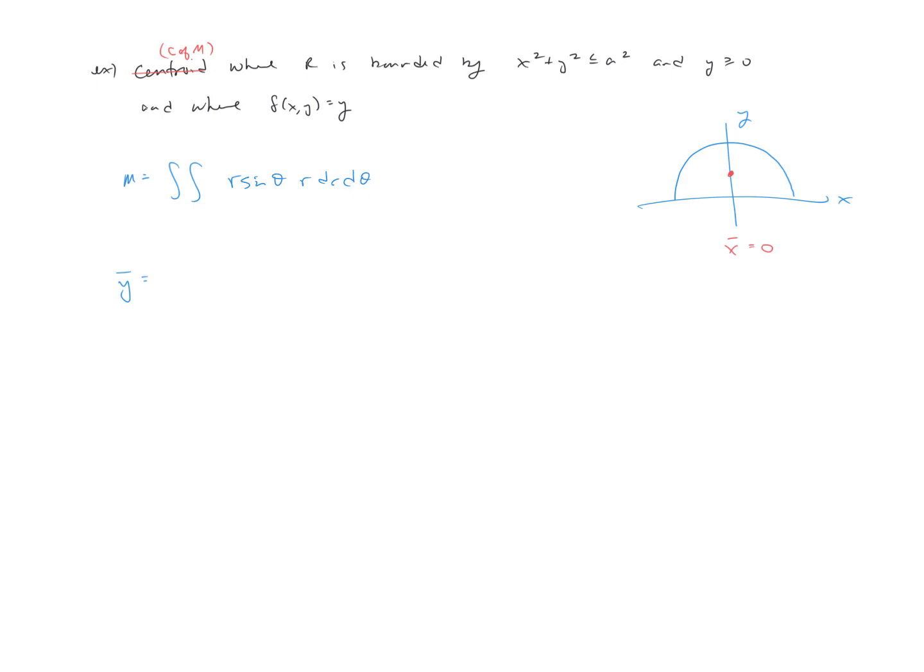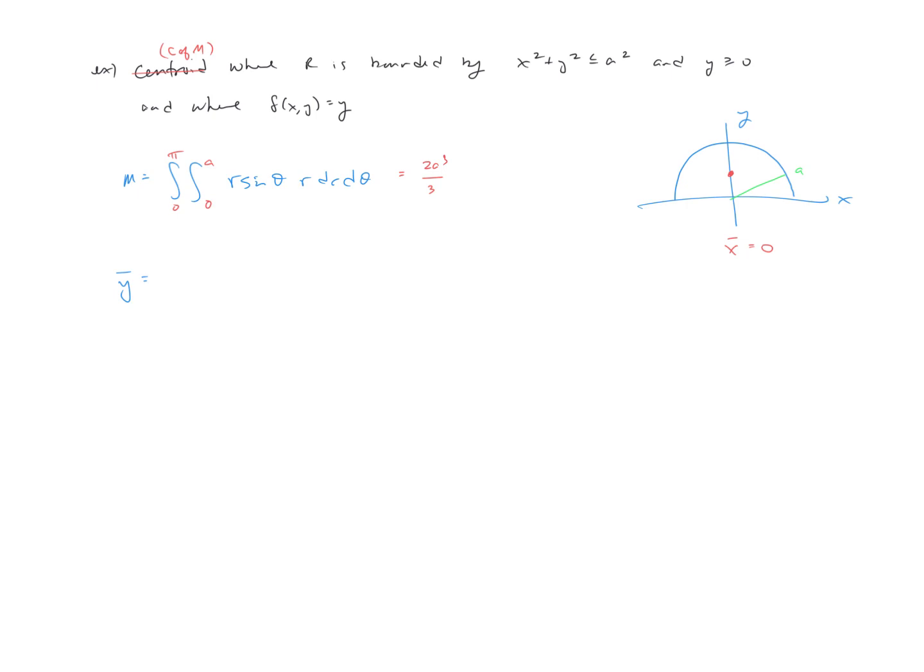And so that keeps our function there pretty easy to integrate, but more importantly, it's really going to help us with these bounds. When it comes to the bounds, we would then be reaching out from 0 to a on the r value. So we've got a 0 to a, and then we go from 0 to pi on the theta, as this thing would sweep around 0 to pi. And so that gives us a 2a cubed over 3.